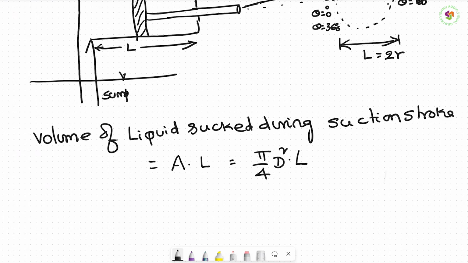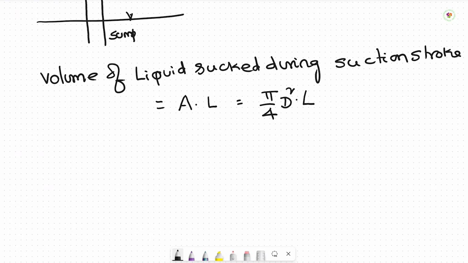Now this is the volume of the liquid sucked during the suction stroke in one rotation. But how many rotations is it making actually? N rotations per minute.